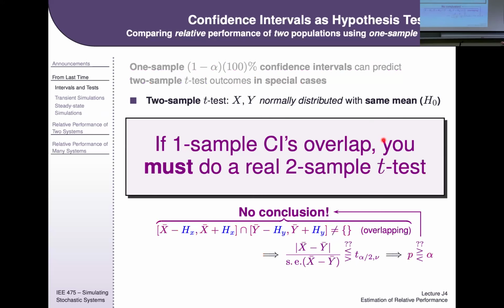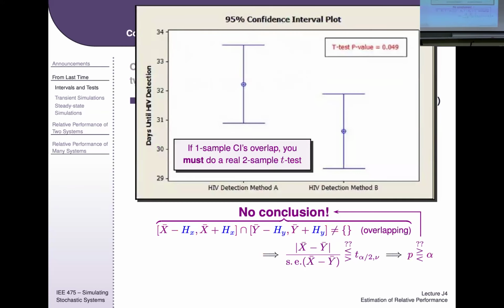But if they overlap, you have to do a real two sample test. You have to actually use more sophisticated stats. And that's just summarized here. Here is an example where this is a 95% confidence interval for one group, and here's a 95% confidence interval for another group. They do overlap, but in this particular case, if you do a real two sample t-test, they are significantly different.